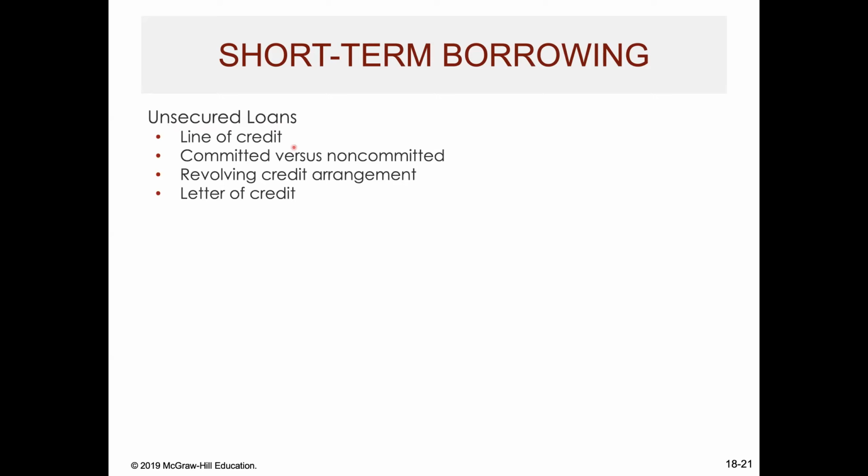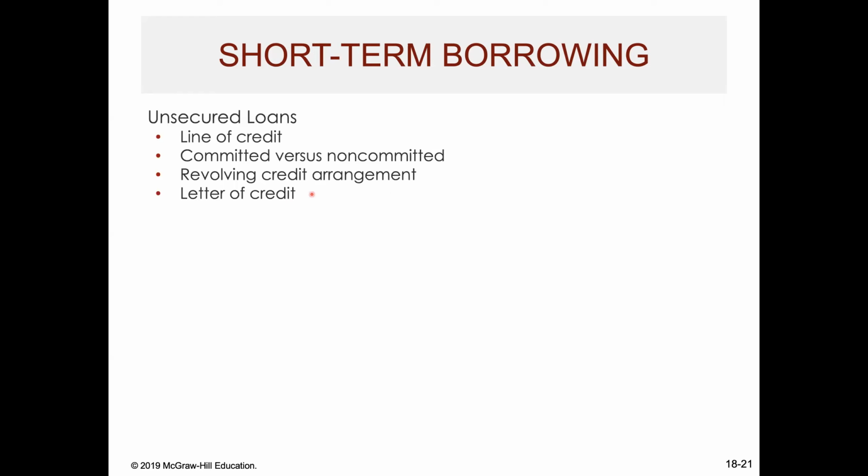So lines of credit, committed versus non-committed lines of credit. Committed are more formal and non-committed are less formal. There's revolving credit arrangements. So a line of credit is typically renewed every year. A revolving credit arrangement might be renewed every 2 years or more.